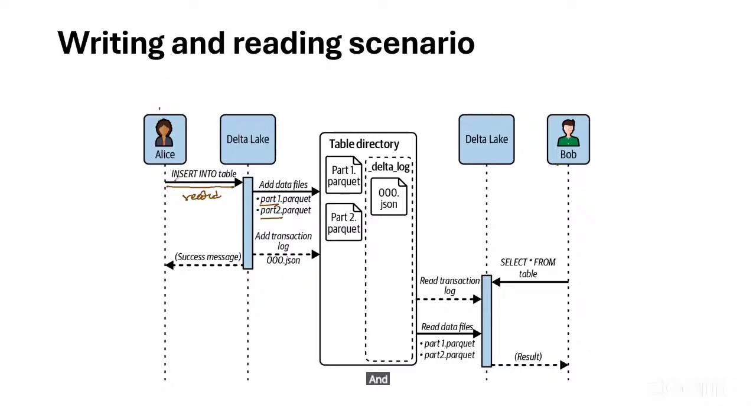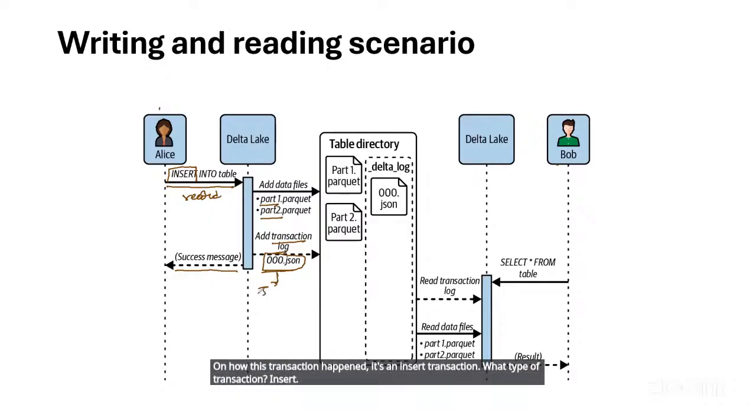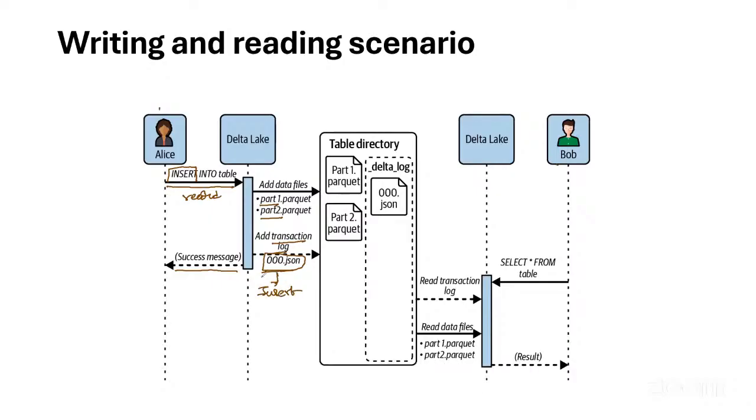And once this insert operation is a success, she'll get a success message. Before even sending the success message, what happens here is a transaction log will be created. This transaction log will have the details on how this transaction happened. What type of transaction? It's an insert. And how many files inserted? 2 files inserted.